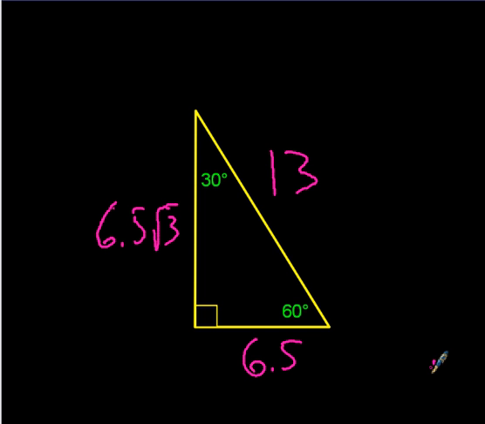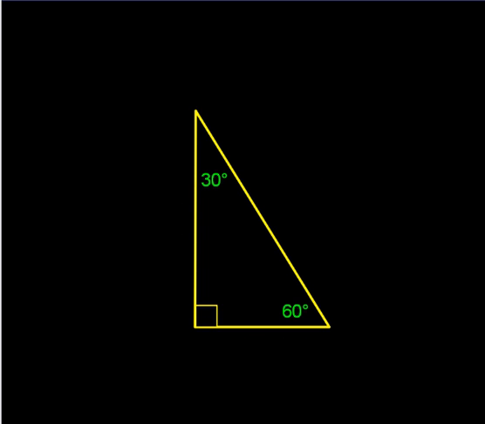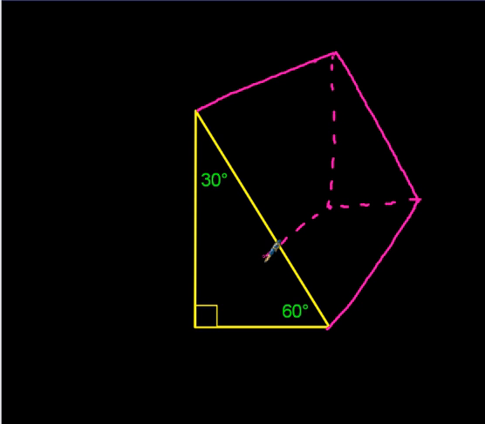I mean, you know, these figures are going to show up in other things, right? You know, I might make it the base of a prism. Okay, and so then I could say, all right, this measure is 6 inches and this measure is 13 inches. Find the volume or the surface area or both.